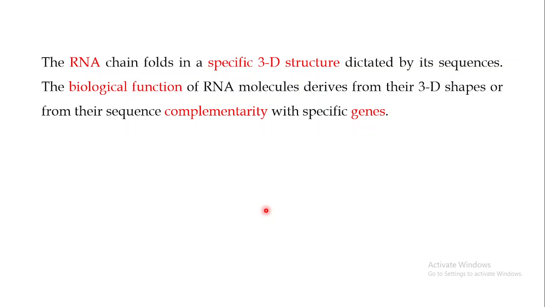The same is true for the RNA sequences as well: they fold into specific 3D structures, dictated by the sequence of the RNA, and these specific 3D structures are responsible for the biological functions of the RNA molecules.